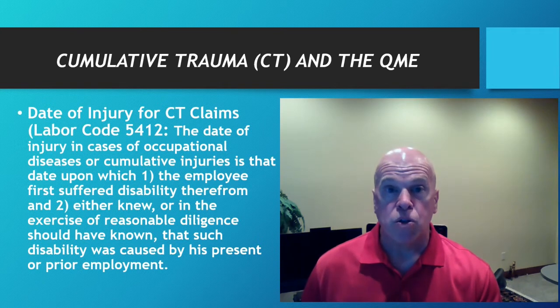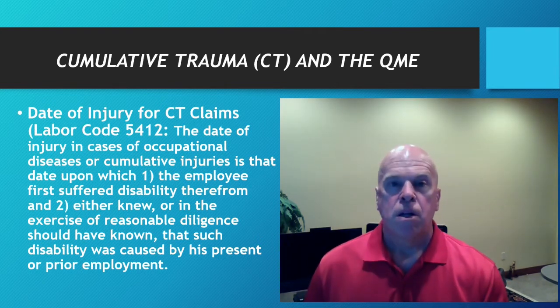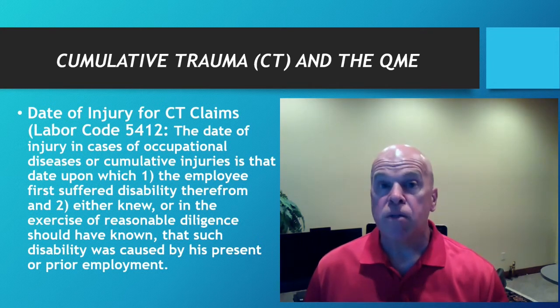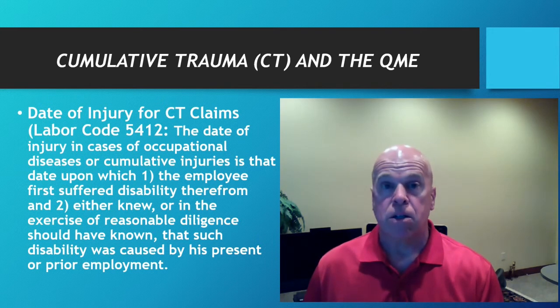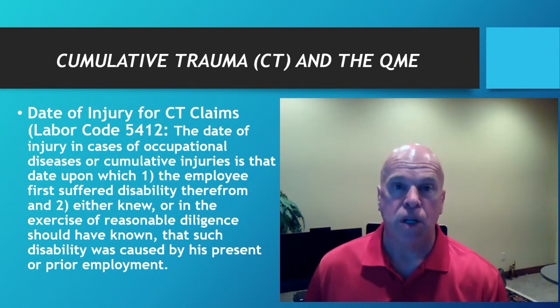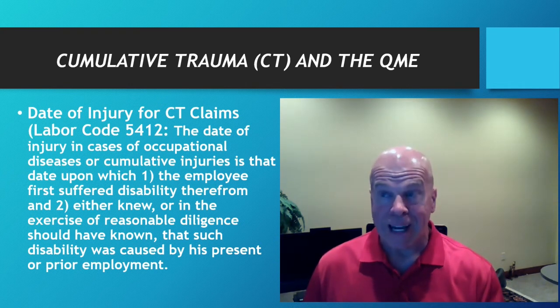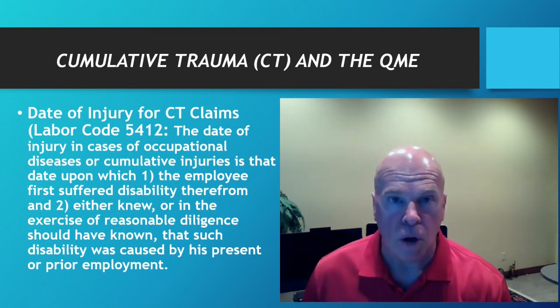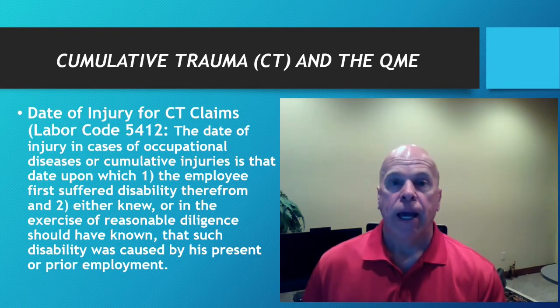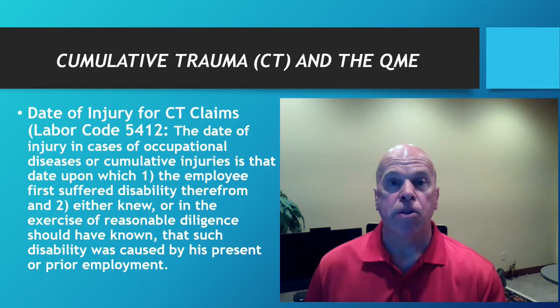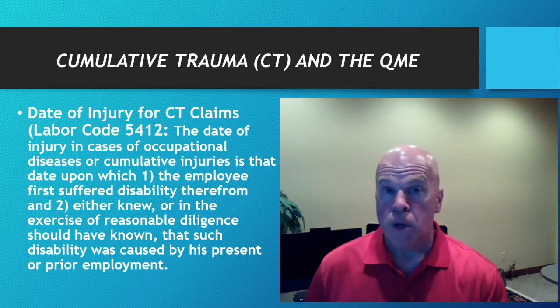Now, before we go into Labor Code 5412, let's just talk about the date of injury for a specific injury claim. The date of injury for a specific injury claim is a very specific date on which there can be no dispute. It is the date upon which the incident or occurrence happened, and from that date, the examinee has a 30-day statute of limitation to report that injury claim.